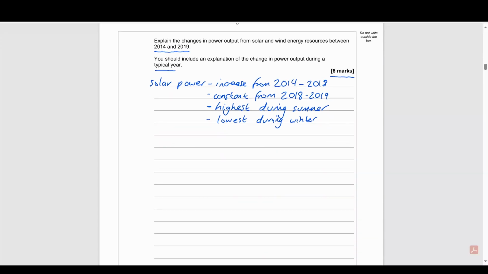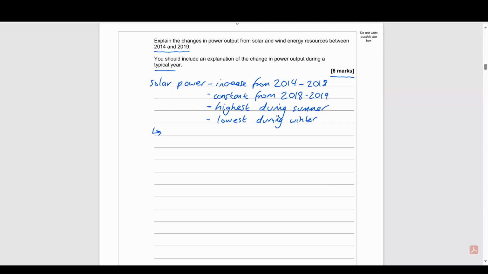Now let's explain that then. What would be the reason why there would be an increase as the years go from 2014 to 2018, a little bit constant from 2018 to 2019? Well, what is occurring in terms of a change in this time period?